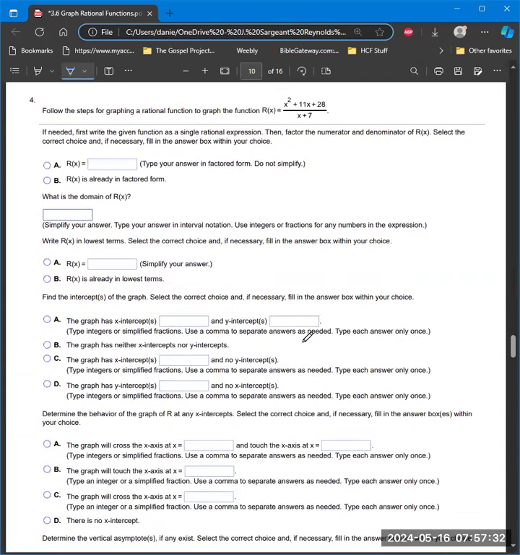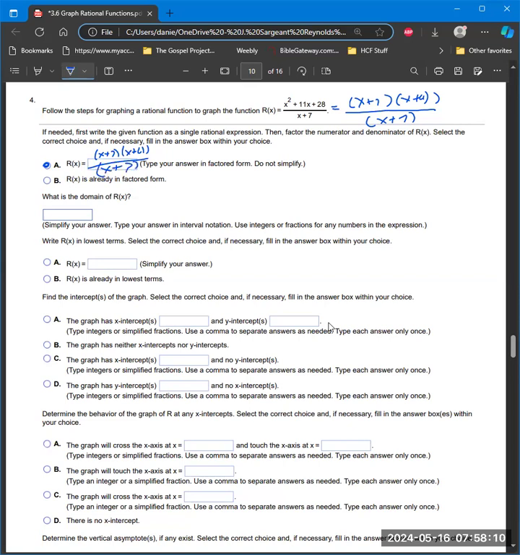Got another question here. This one, the degree of the top is bigger than the degree of the bottom. So we potentially have an oblique asymptote here. Let's factor my numerator completely. It's going to be (x plus 7)(x plus 4) over (x plus 7).